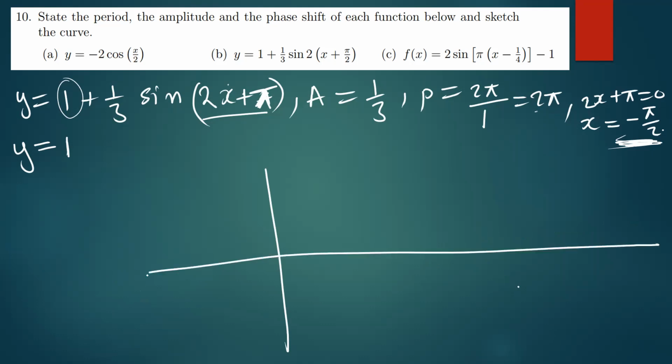So like I said, we're going to start from negative pi over 2. To find the points, we're going to divide 2 pi, which is the period, by 4. When you divide that, we're going to have pi over 2. So if we start from 0 there, we're going to have pi over 2 as our first point there.